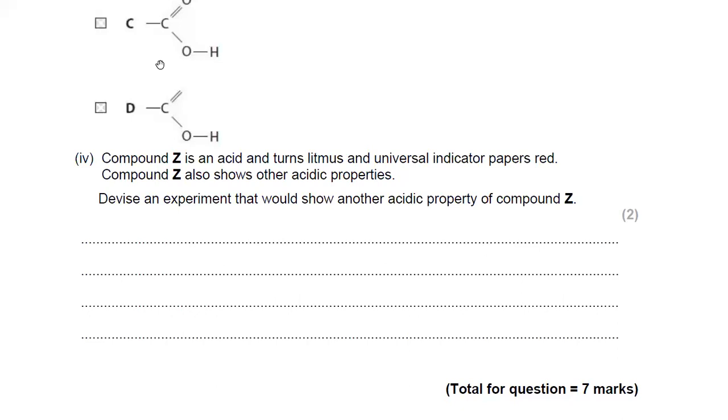Miss, you can react it with a base and then test for water, because a neutralization reaction produces salt and water. How will you test that water is there? Let me reword your experiment.